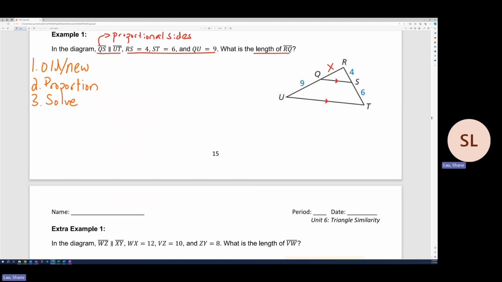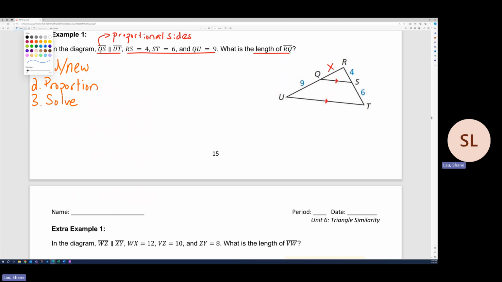And so we're going to follow the 3 steps that we have here. Now, for my class, and I think Mr. Cruz's class as well, we've always established that the leftmost, I guess, introduced figure is the old, and the rightmost is the new. But what I want us to understand is that it doesn't really matter which way you're doing it, so long as you are consistent.